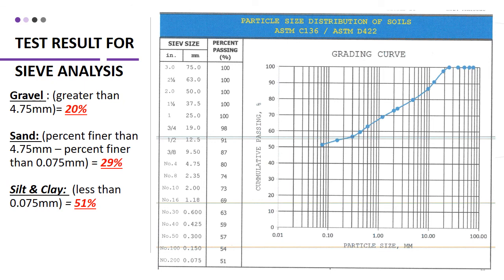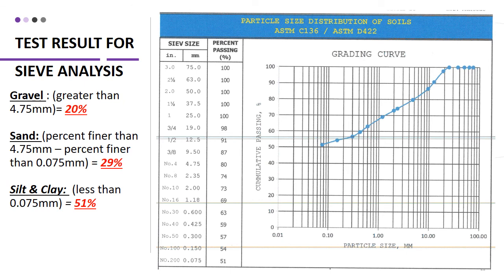So now for the determination of the percentage of silt and clay, it is automatically the amount of soil less than 0.075 millimeter. So meaning it is those soil that pass through the 0.075. Okay, you can say that there are less than 0.075 millimeter kay nilusot man sila ato nga sieve. So meaning mas gamay sila.